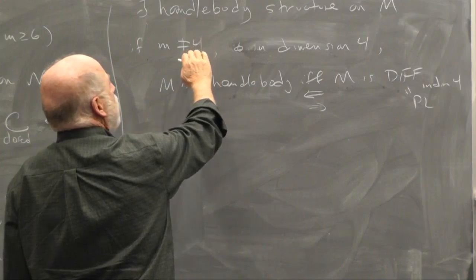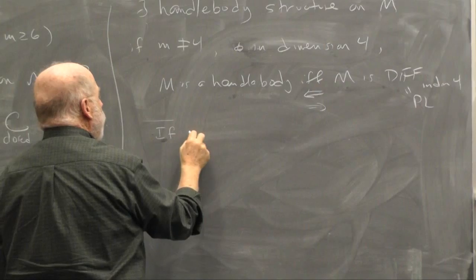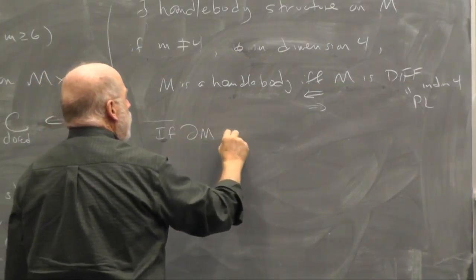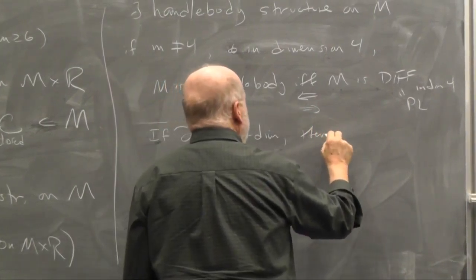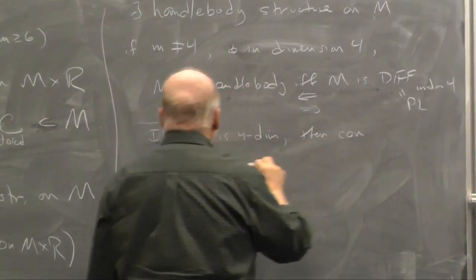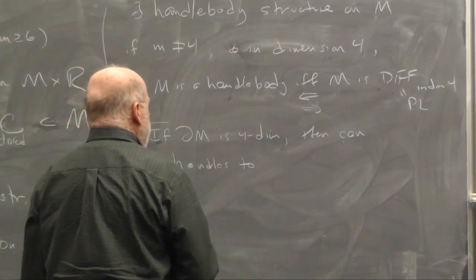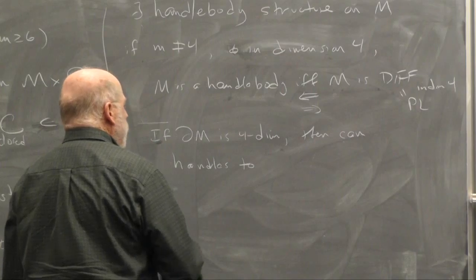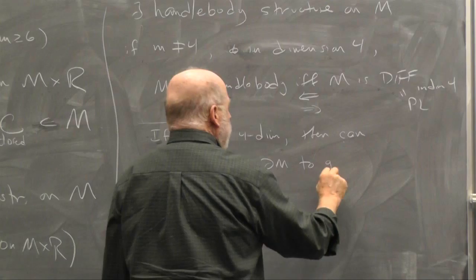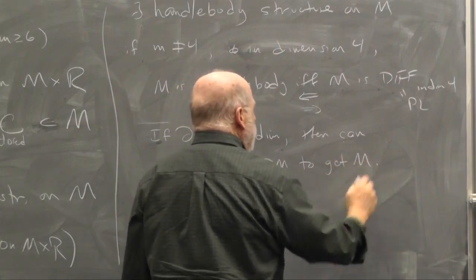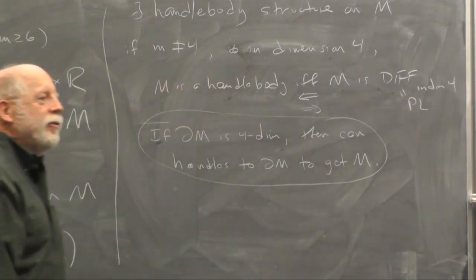If it's a manifold, all right, so let's say if the boundary of M is 4-dimensional, well then, we can add handles to boundary M to get all of them. Now, I'm worried that's too strong.